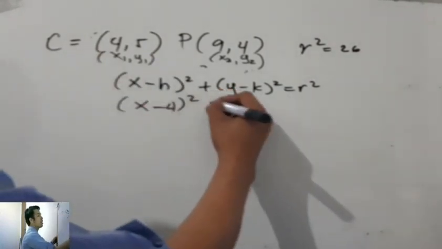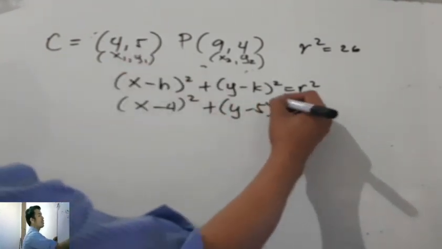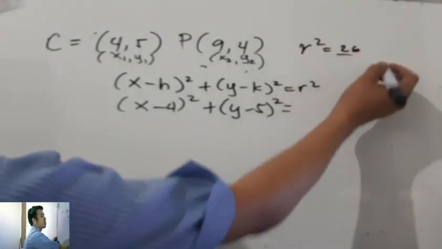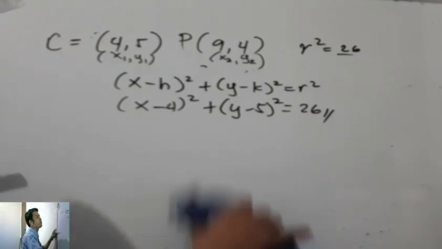Squared, plus y minus k is 5, squared is equal to r squared, which is 26. So this is now the standard equation of the circle with the center (4, 5) that passes through the point P, which is (9, 4). Okay? So now let's proceed to example number 3.